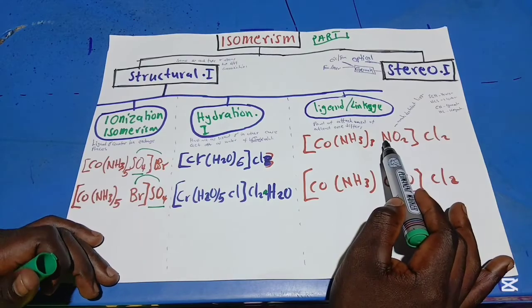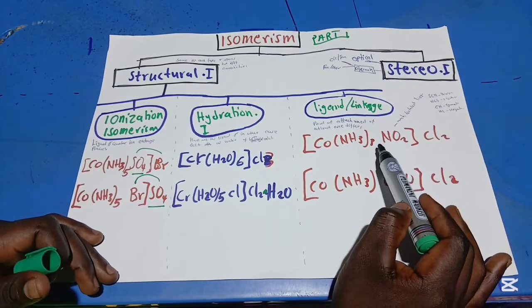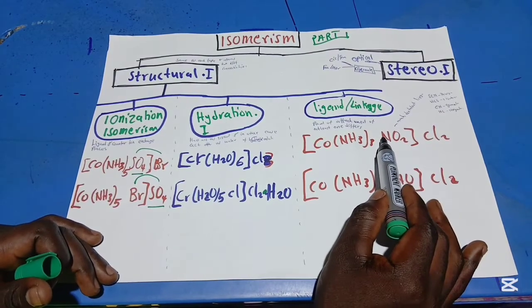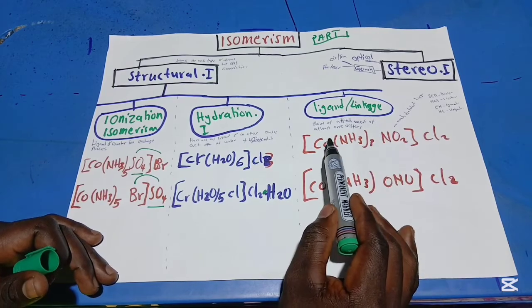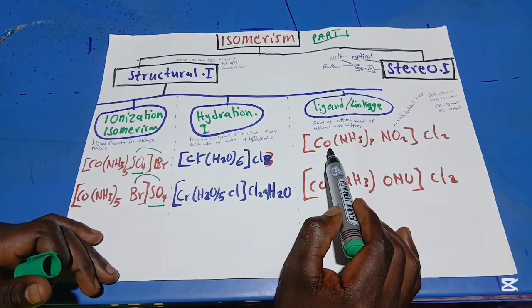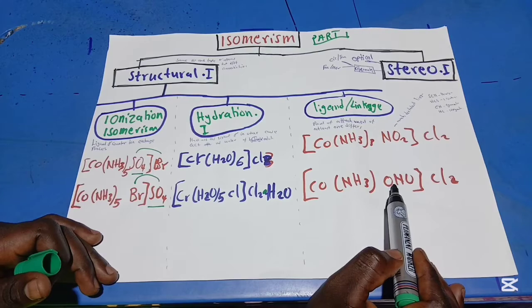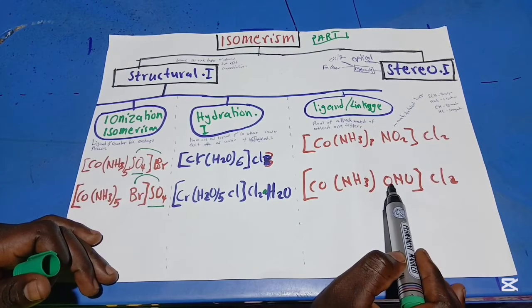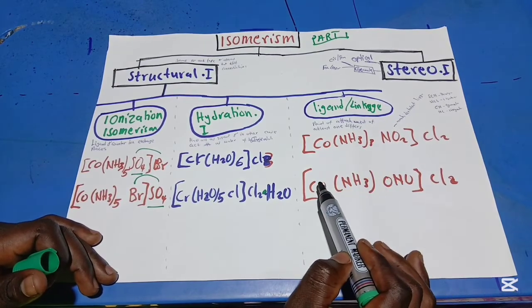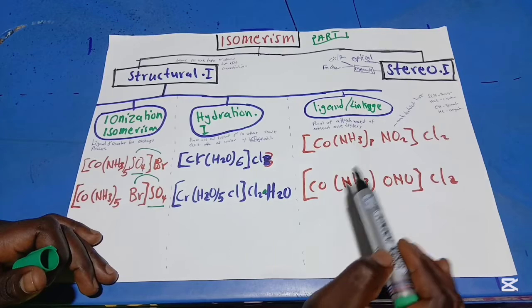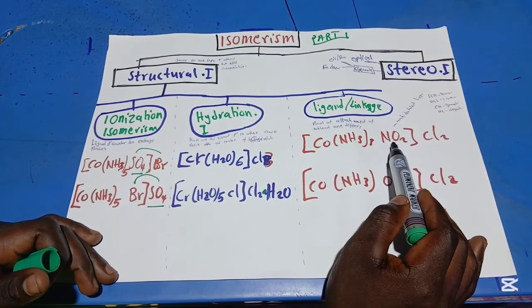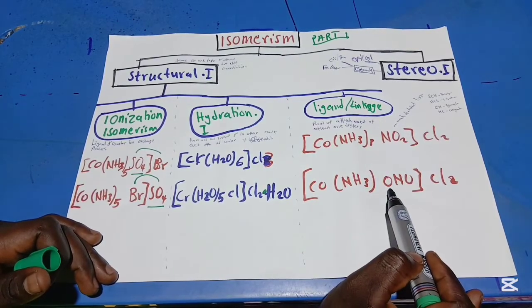Here we have N coming first before O, meaning nitrogen has donated a lone pair of electrons to form a complex with cobalt. And here we have O coming first, showing that oxygen has donated a lone pair of electrons to form a complex with cobalt. So in one complex the donor atom is nitrogen, and in the other the donor atom is oxygen.